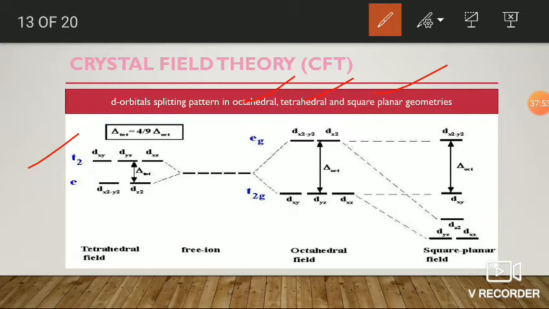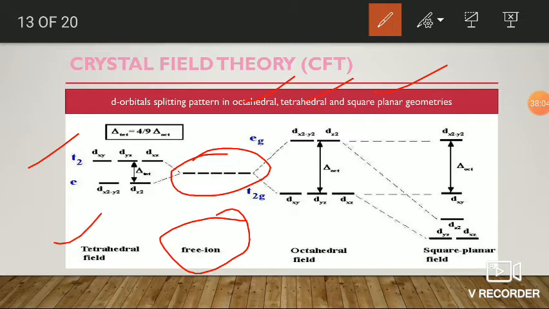Here the 5 d orbitals are in a degenerate state in the free ion. In tetrahedral complexes, due to the approach of four ligands in between the axes, the orbitals split into two sets. The e set enters a lower energy level, and the t2 set enters a higher energy level.